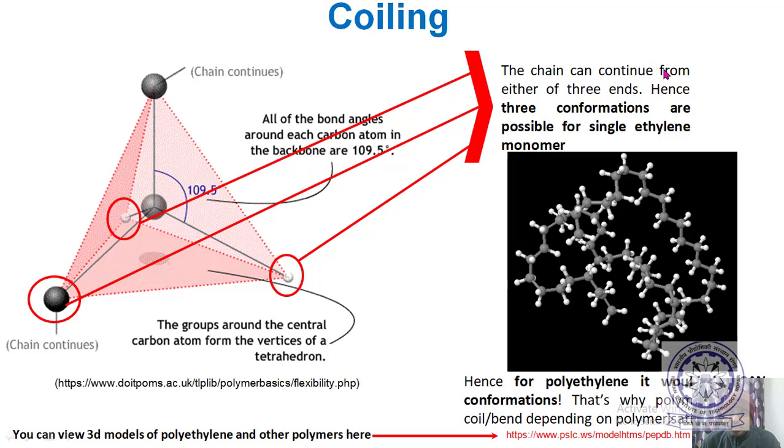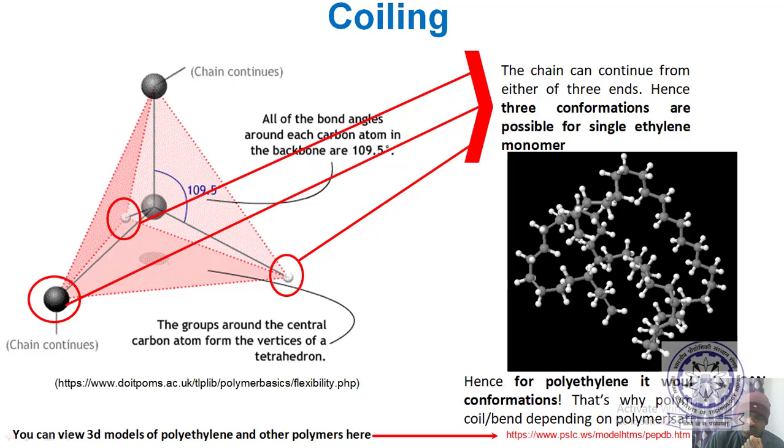So the chain can continue from either of the three ends as shown here. Hence there are three conformations possible for each single ethylene monomer. So for polyethylene, it would be 3 to the power of n conformations.